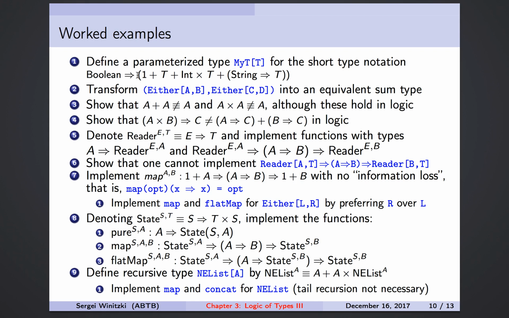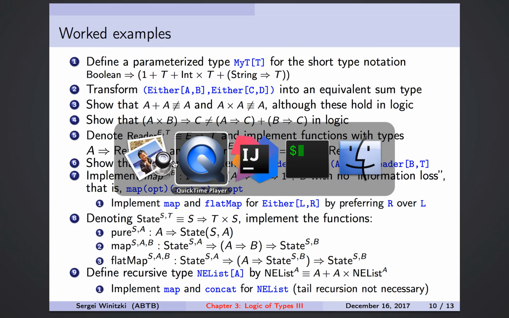So for this reason, it is useful to be able to go between the short notation and the code in both directions. So let's see how we can define, suppose some reasoning gave us this type in the short notation. What is the definition of this in Scala code? Here is my implementation.